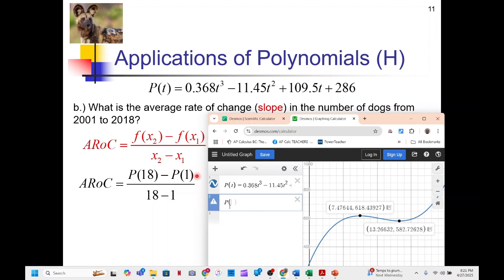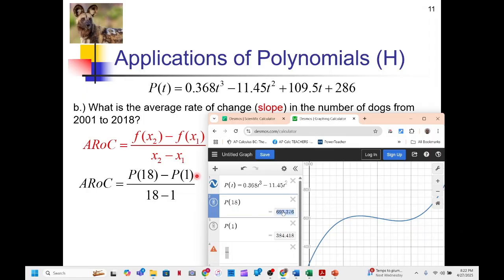So let me do p of 18, which is about 693.4 and some change there. P of 1 is 384 and some change. So let me basically just do, let's see, fraction. We'll do this value. Let me just cut and paste that. Minus this value, cut and paste, all over 18 minus 1.